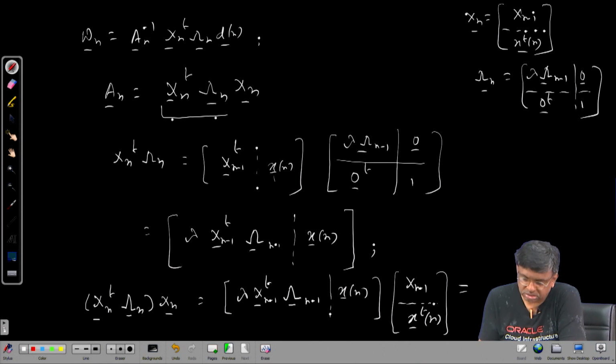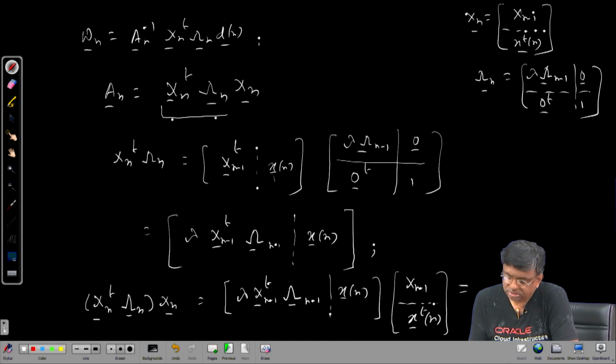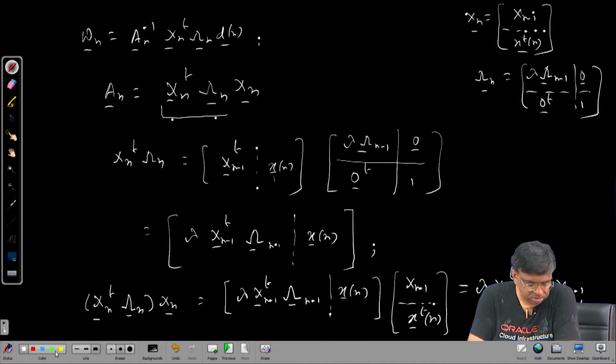So, that means this submatrix times x n minus 1 plus this submatrix, which is a column vector, times x transpose n. Okay. So, it will be lambda plus... okay. And what is this part?